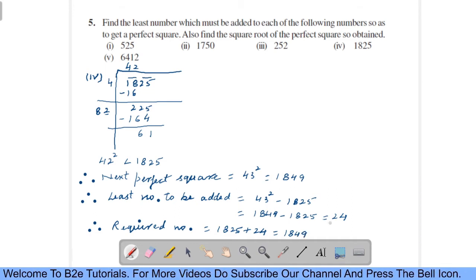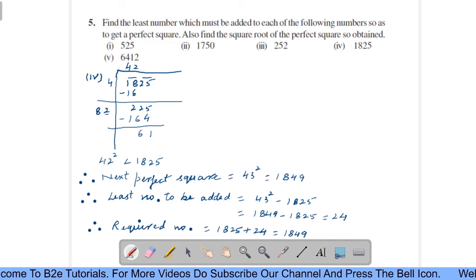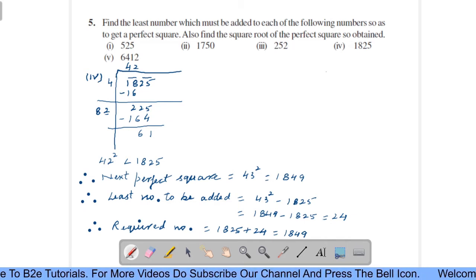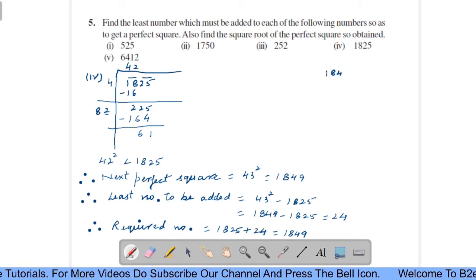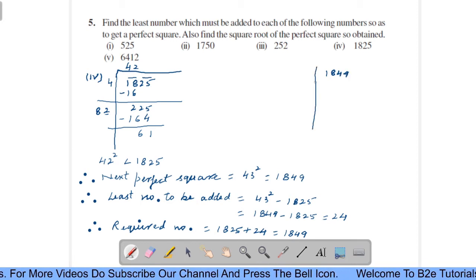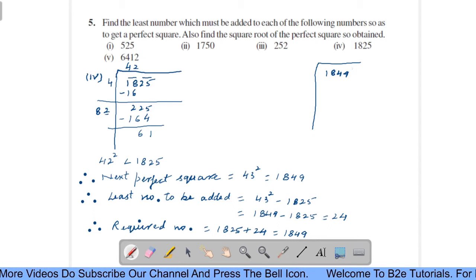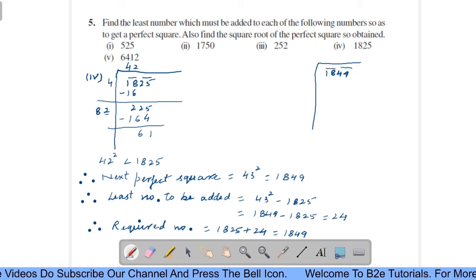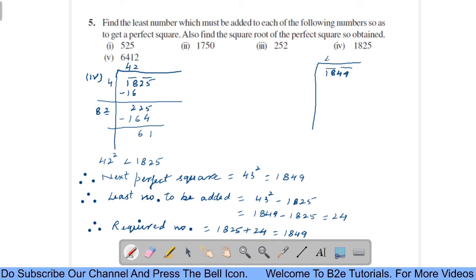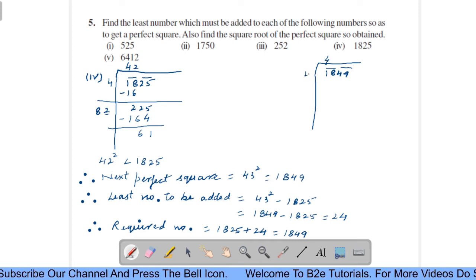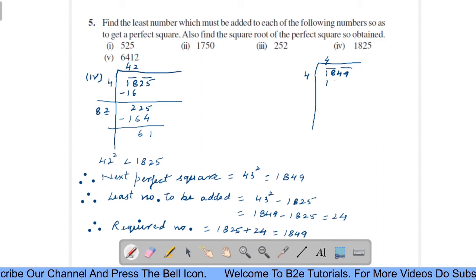Now find out square root of 1849. Here, make pairs from right hand side. Now how many times it will go? 4 times. 4 4 is 16.